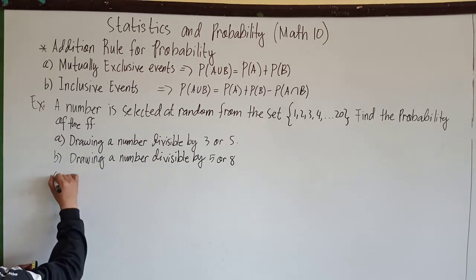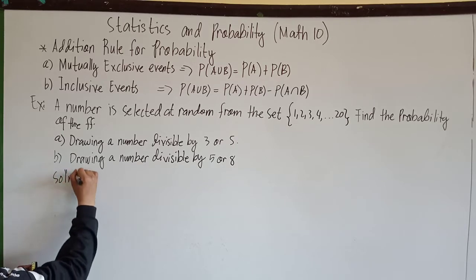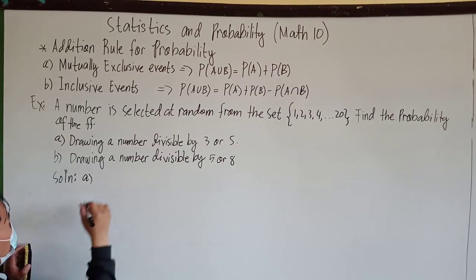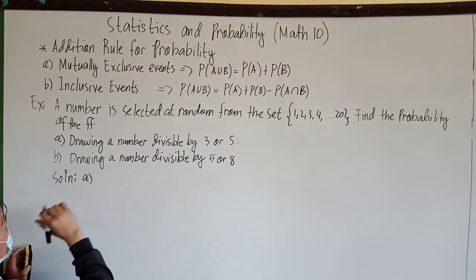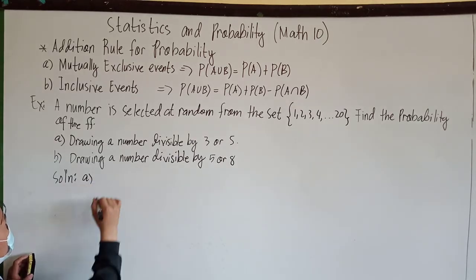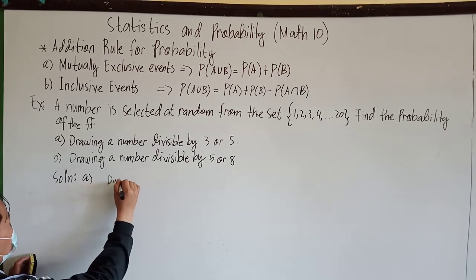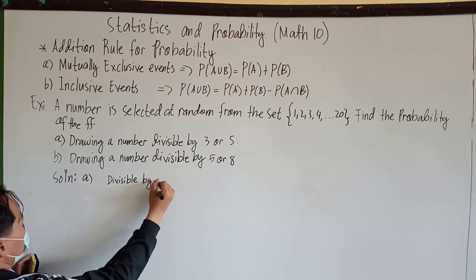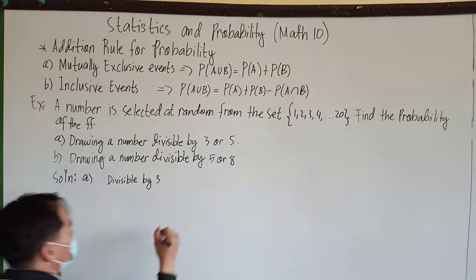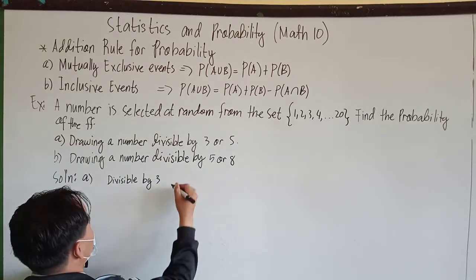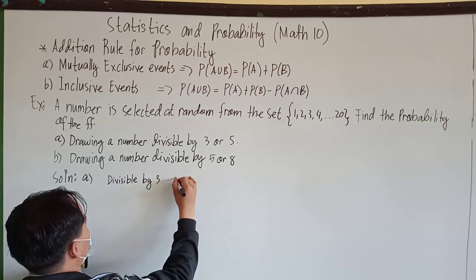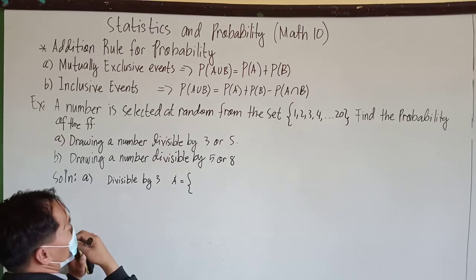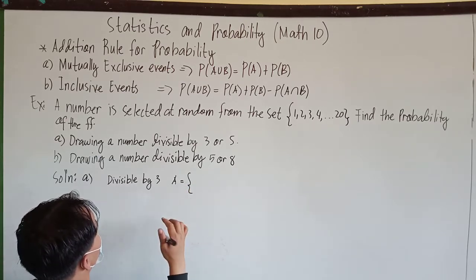For letter A, first, drawing a number divisible by 3. We let this one be our set A. Set A has what elements? We need the multiples of 3.